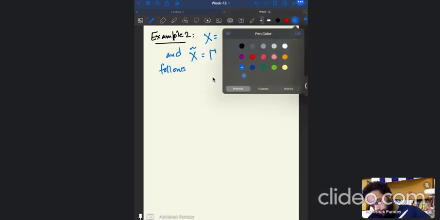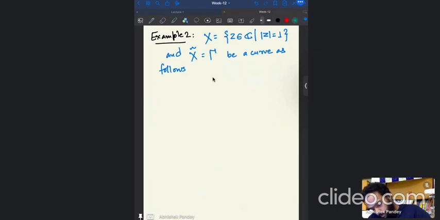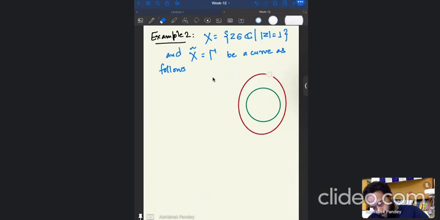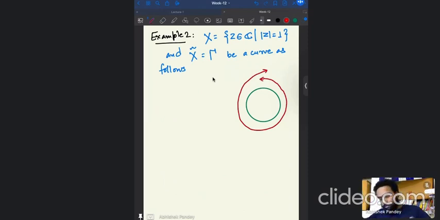So again I will draw this, so this is your circle, and the curve will look like this. Okay, so this is your curve gamma.